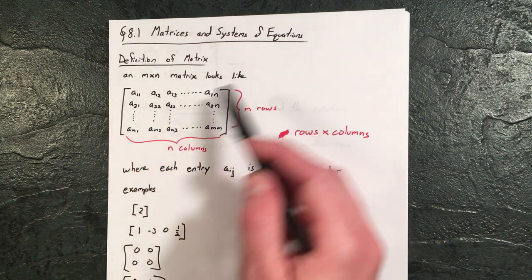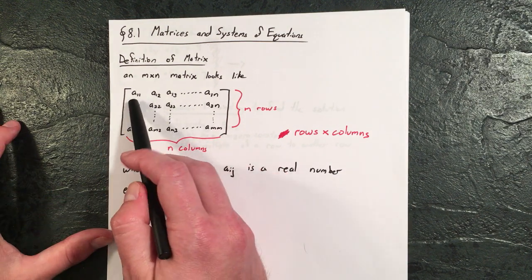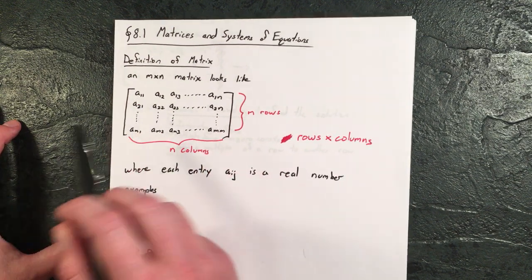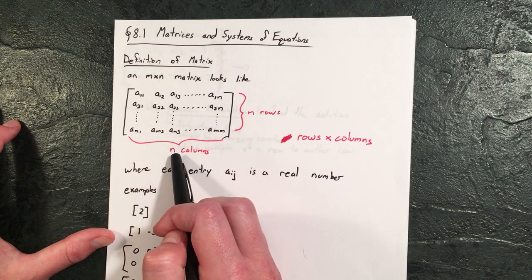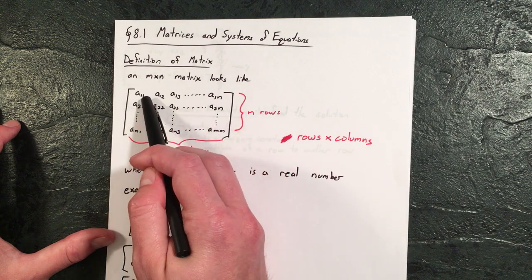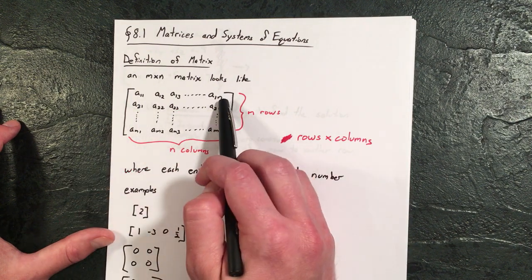So what these different indices, as they're called, stand for. The first index here stands for what row you're in. So that first one here would mean we're in row 1, column 1. And then the second index here would be what column you're in, right?